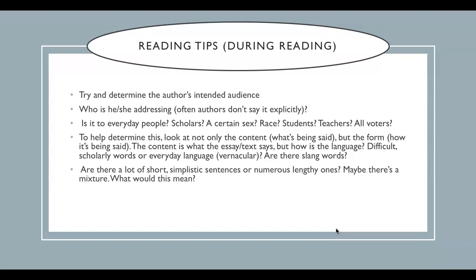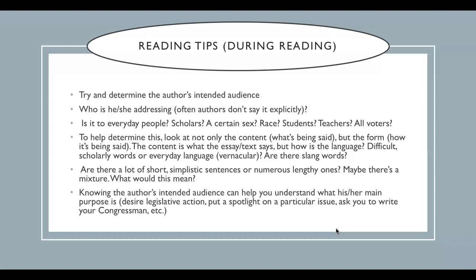I've always heard that newspaper articles are usually written at a 6th grade level, so they're pretty simple to read, and that's because they want to make sure that the whole community, most of them, if they're adults, can read the text of a newspaper article. So knowing the author's intended audience can help you understand what the main purpose is.